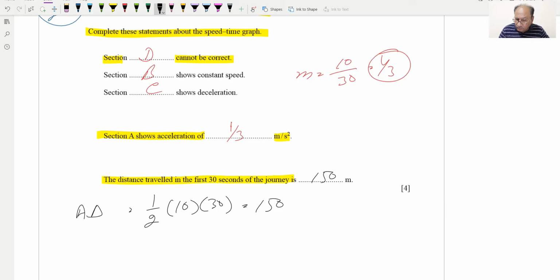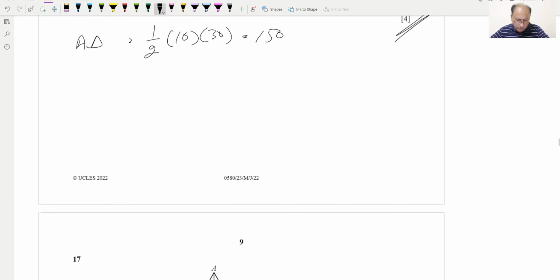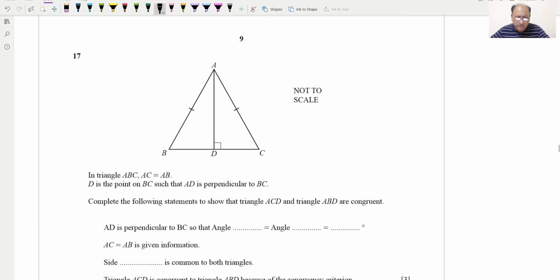So 150 meters, this will be 4 marks, which is done. Hopefully you understood this. Now this is question number 17, and question number 17 says diagram is not to scale.